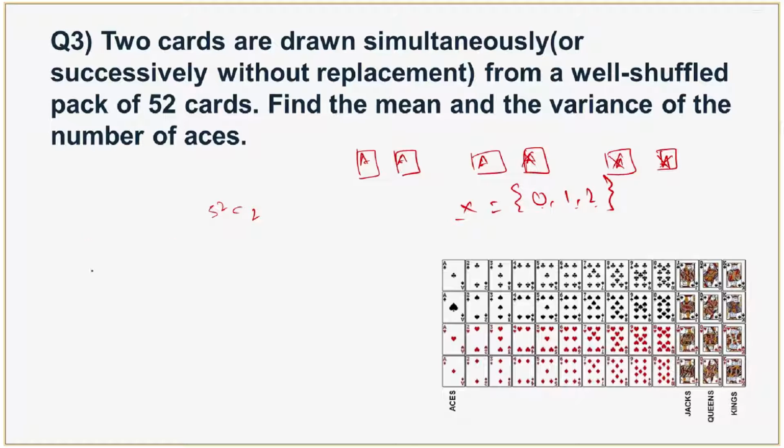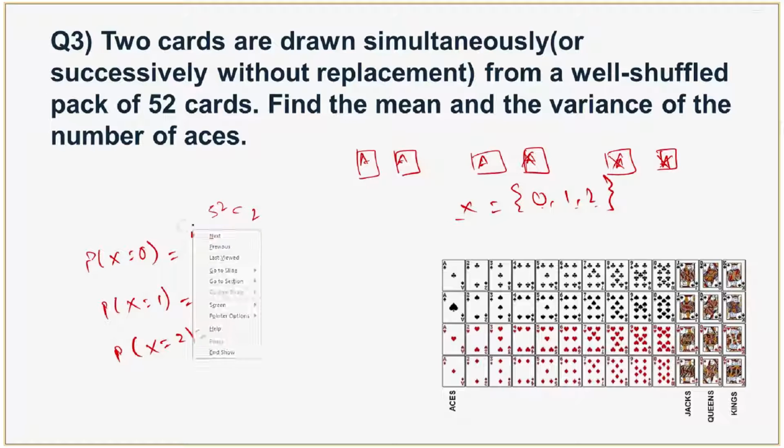And you would have to find what is the probability that no ace is drawn, what is the probability that one ace is drawn, what is the probability that two aces are drawn. So the probability that no aces are drawn will be, how many aces are there in a pack of 52 cards? 4, right? So there are 48 non-aces.